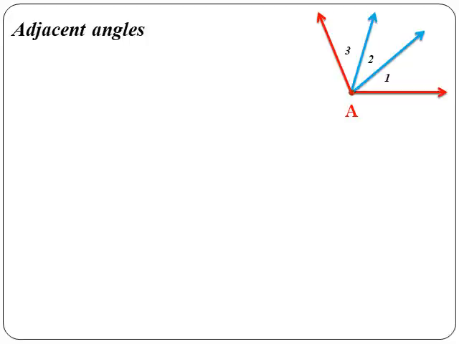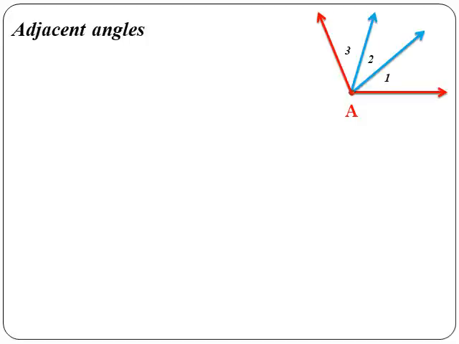So angle 1 and 2, adjacent or not adjacent? If I find 2 angles next to each other, call it adjacent angle. So 1 and 2 is adjacent angle and 2 and 3 adjacent angle.